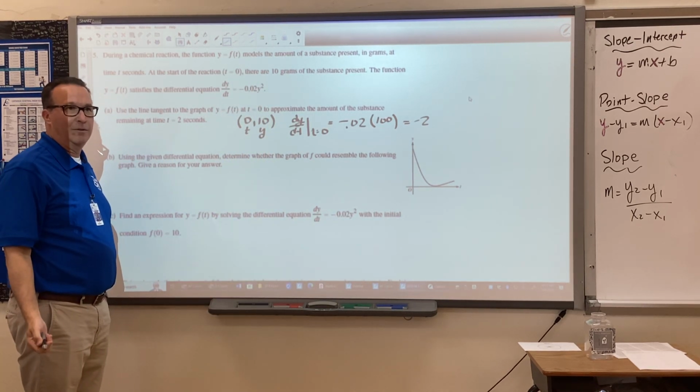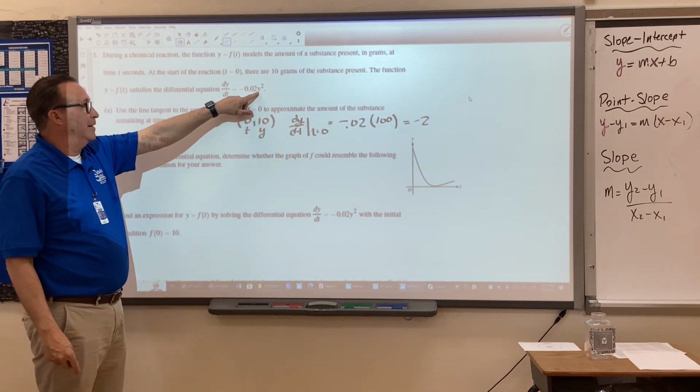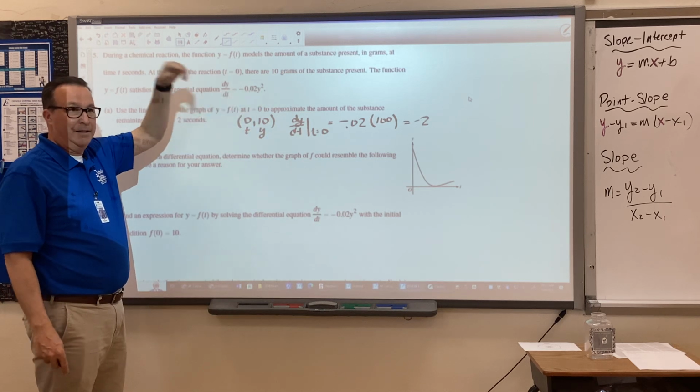It's cruel, right? Because you're used to this letter being the number you put the x value in.